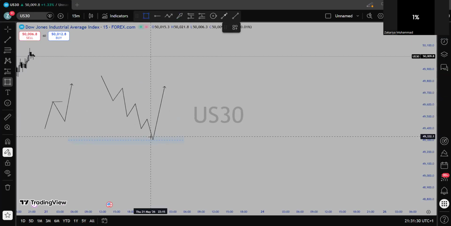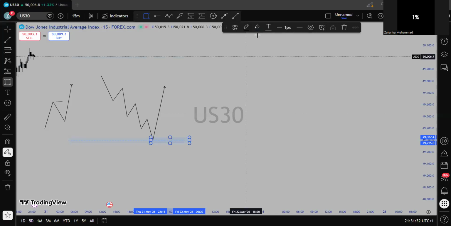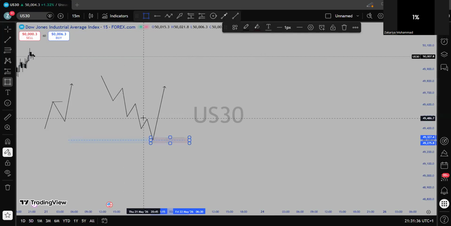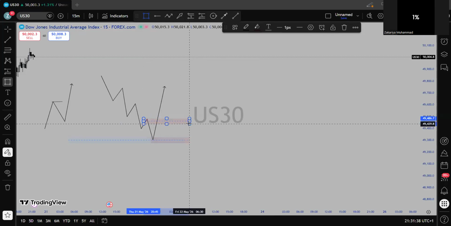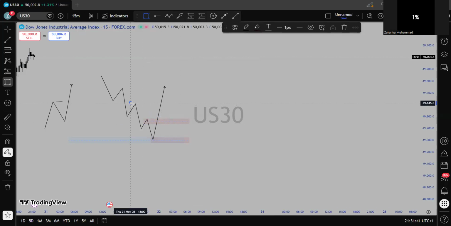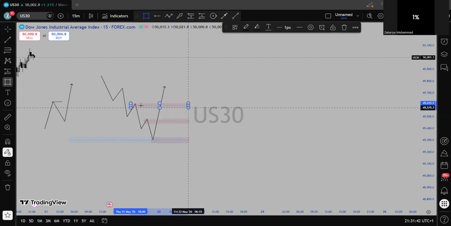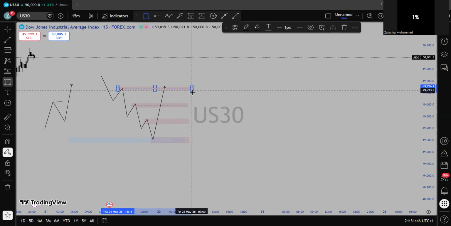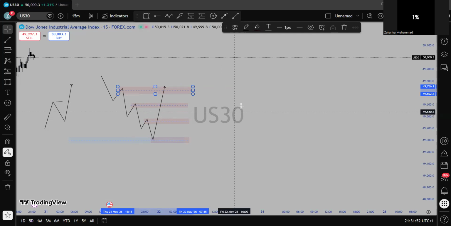We have the order block that caused all of this break of structure. We have this breaker block, and then this breaker block, and also this breaker block. For us to catch this continuation, we have how many points of interest? We have 4 points of interest we can use to take this trade.